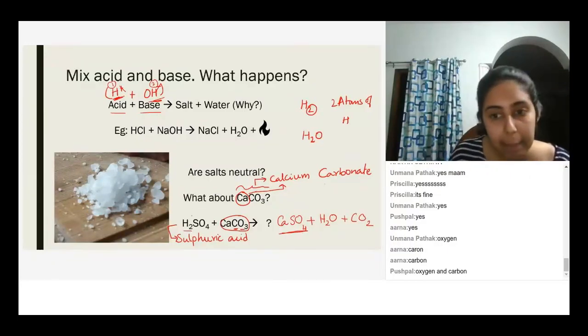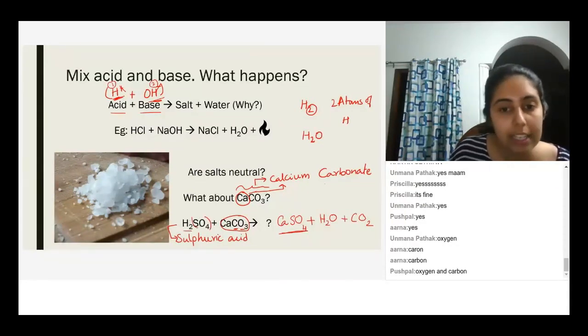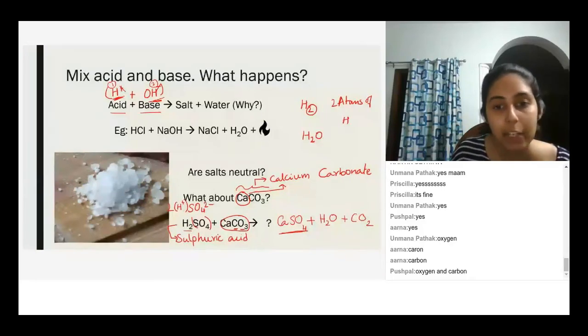Remember that in H2SO4, the SO4 is actually SO4 2 minus, and there are two H plus ions. So this 2 plus and this 2 minus cancel out and I end up getting H2SO4.